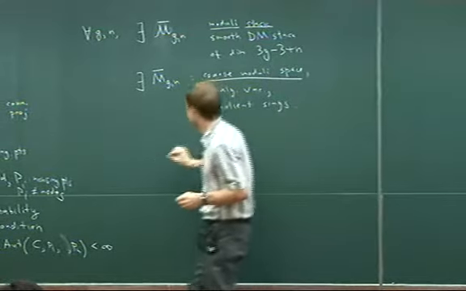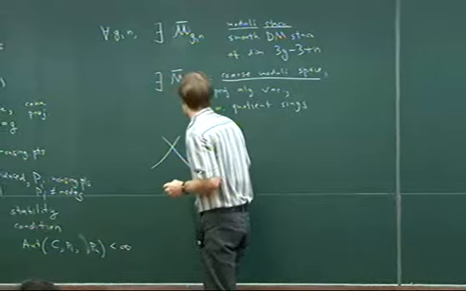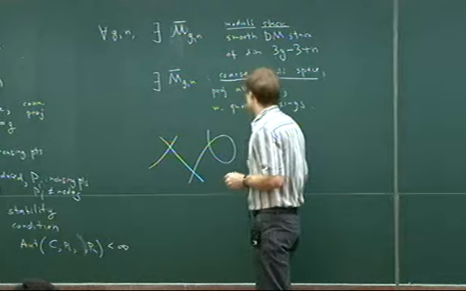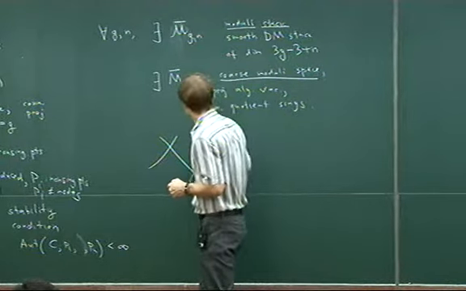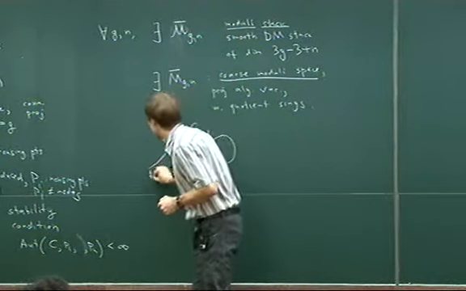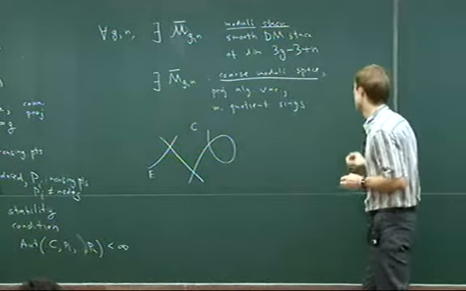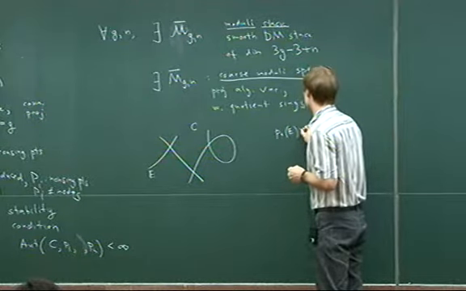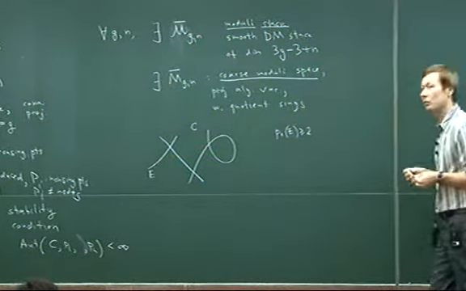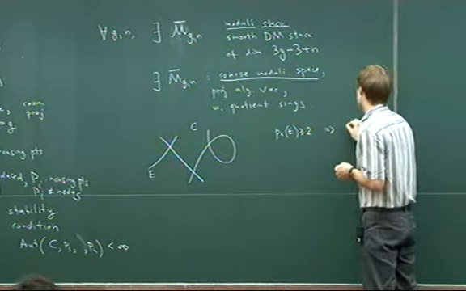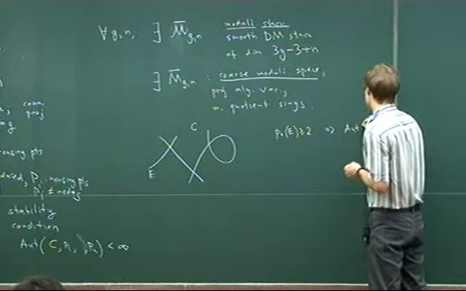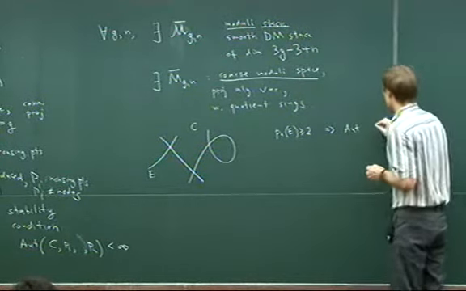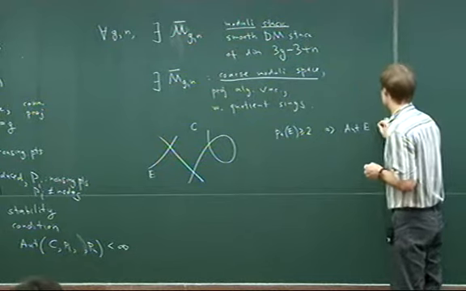So if we have a curve C, and we have a component E whose arithmetic genus is at least 2, then the automorphism group of this component is already finite.